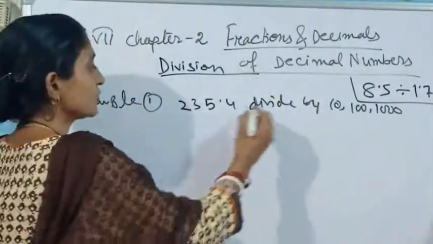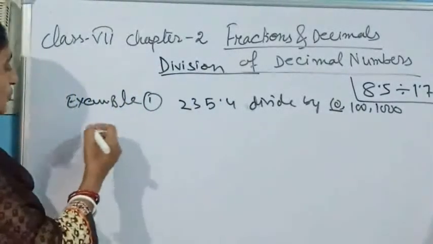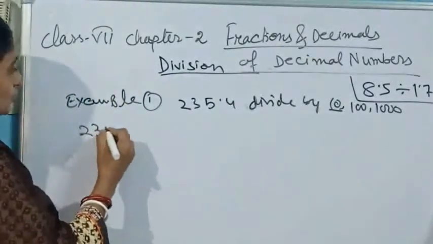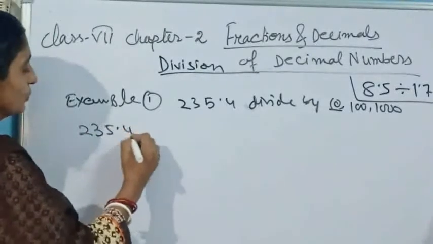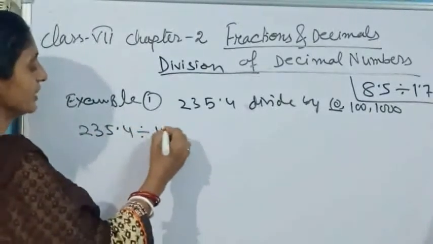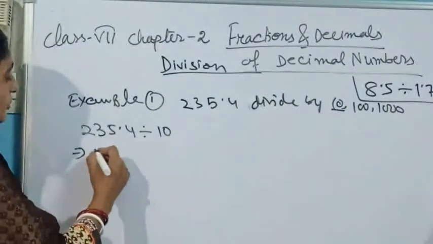How will you write? First I will divide this one by 10. So let's go for that. When I divide this by 10, I write 235.4 divided by 10. How can I write this? Yes, go for the common fraction.